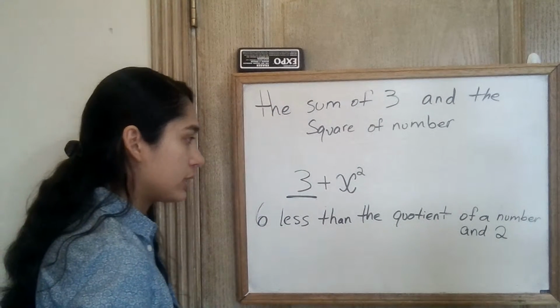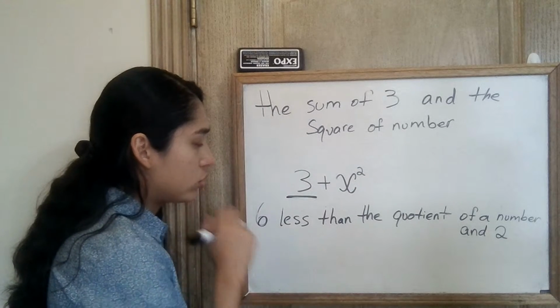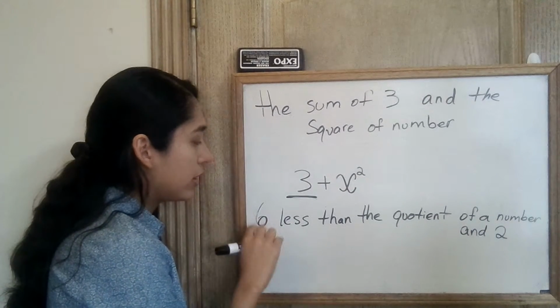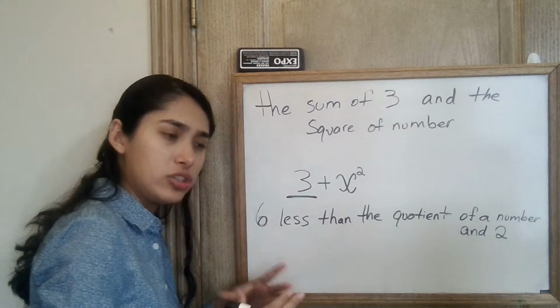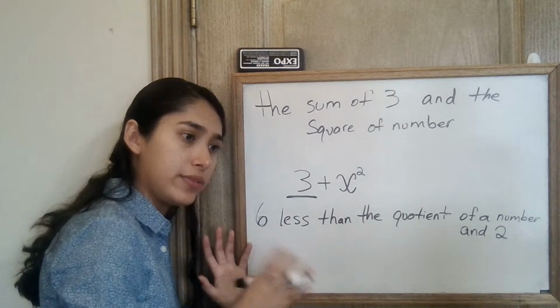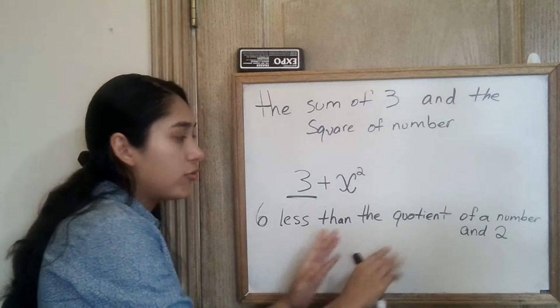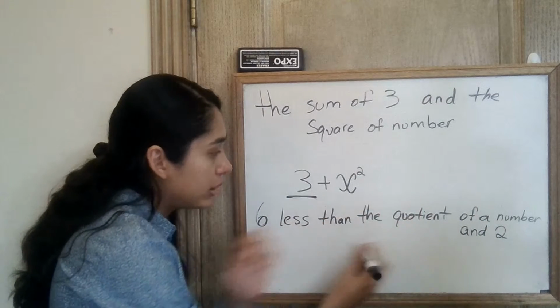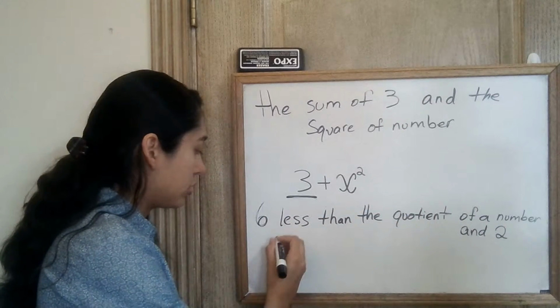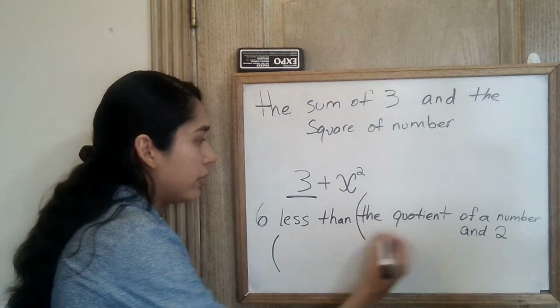All right. So when I'm talking about 6 less, this is going to change how I read things from left to right. I'm going to subtract 6 from whatever follows. So really, I'm talking about the quotient. So 6 less than all of this.